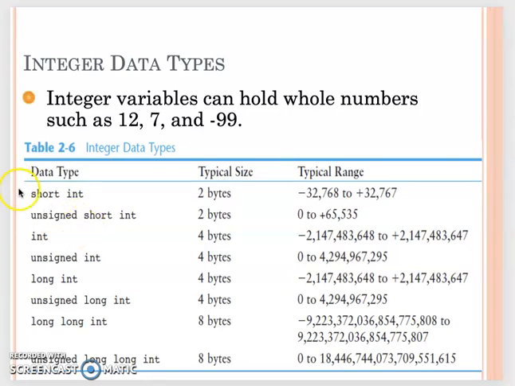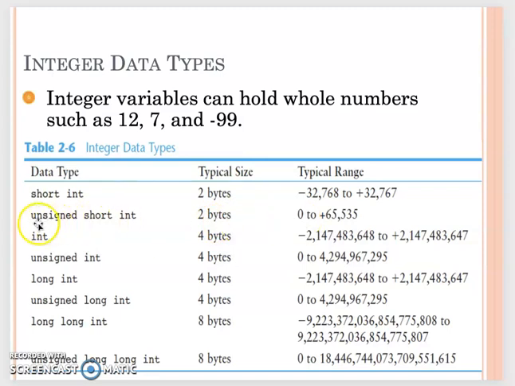Okay, so we just saw the first two: short int, unsigned short int, and int. According to the memory size, that's why you see your data range is different. 1 byte equals 8 bits, so 2 bytes equals 16 bits.